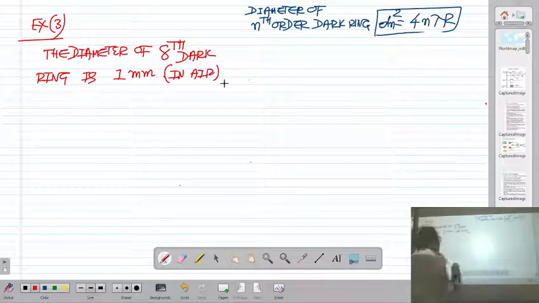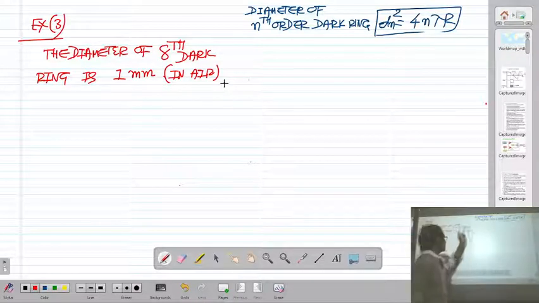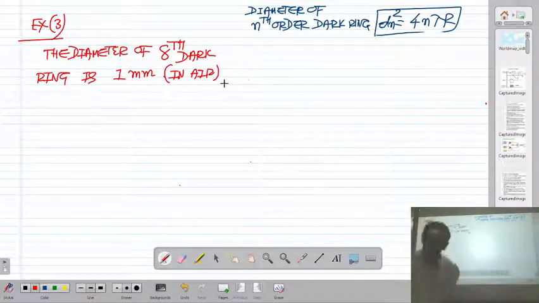Now, in air, the diameter of a dark ring is 1 mm.